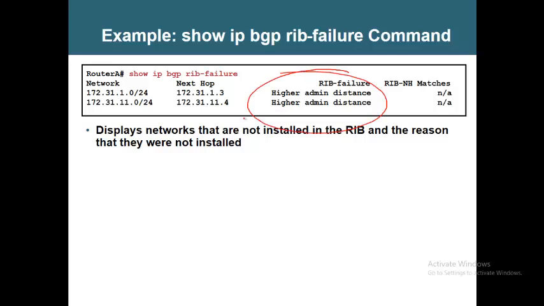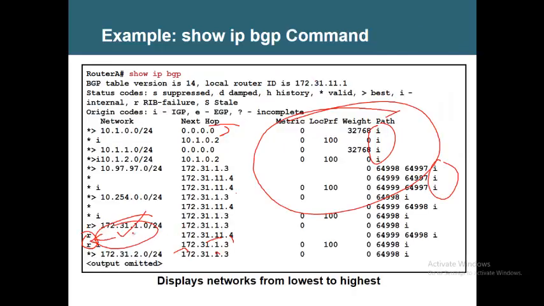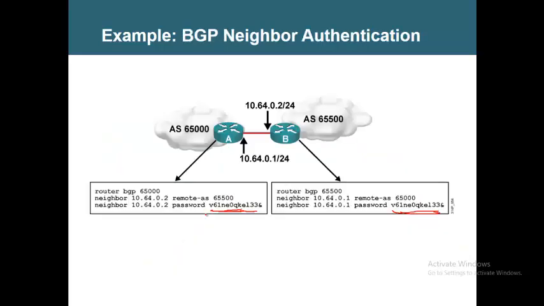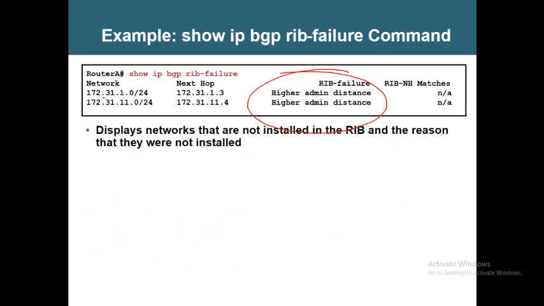The administrative distance of BGP is higher. For that reason, the routing table is not ready to accept these two networks, 172.31.1 network provided by 172.31.1.3, and the 11 network.